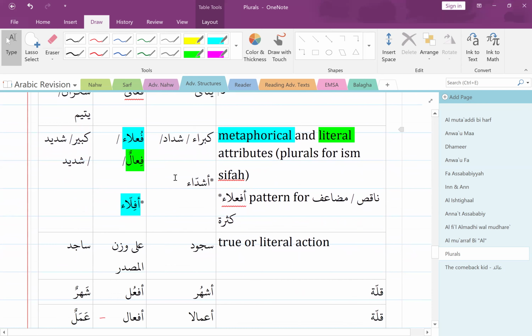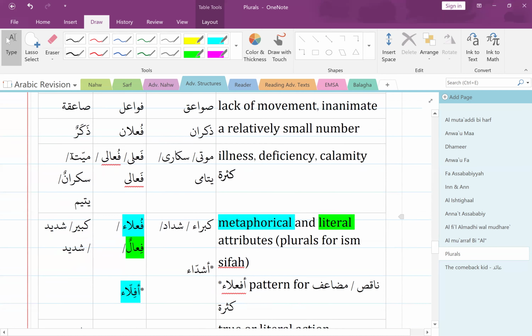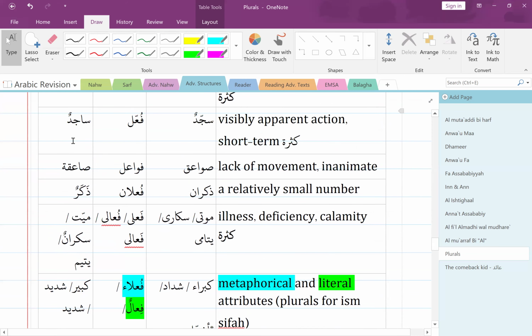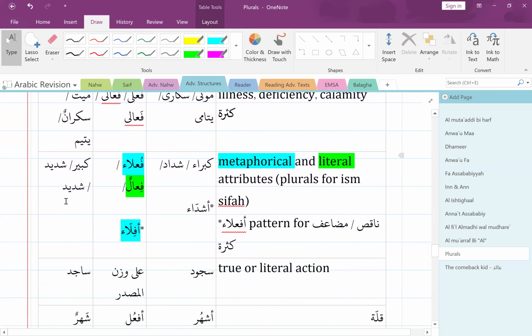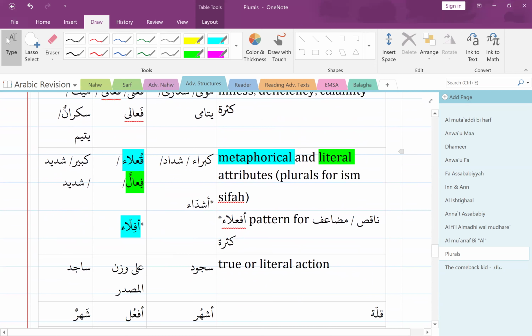This is an interesting one. So you have kabir. What pattern is this? This is isim sifa, as opposed to isim fa'il, like the rest, or masdars. Here we have isim sifa. Okay, kabir, shadid. The plurals follow the pattern fu'ala, like kubara, and kibar.